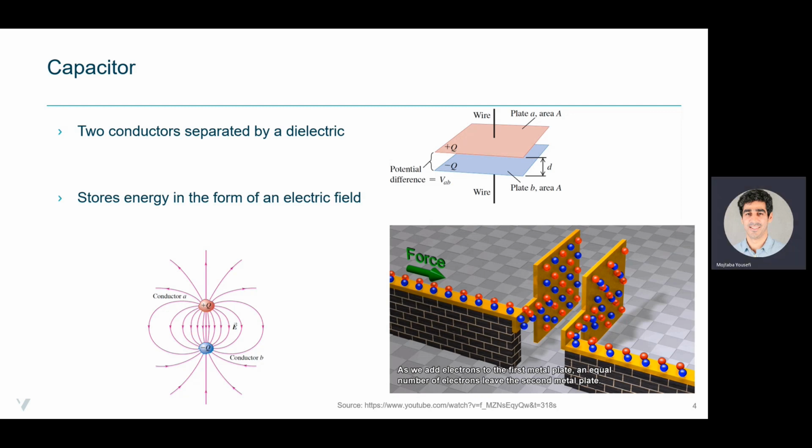When we connect a capacitor to an outside voltage source, for example, a battery, the negative side of the battery repels the electrons and pushes them along the connected circuit. So these electrons accumulate in one plate and create the negative charge plate.